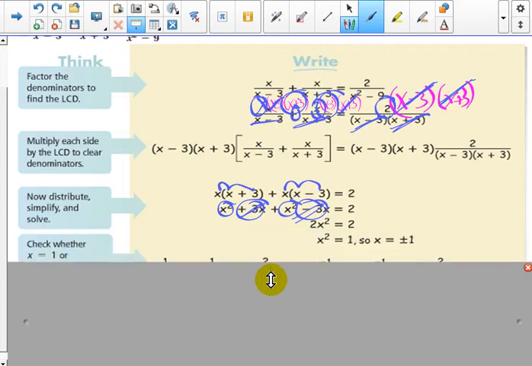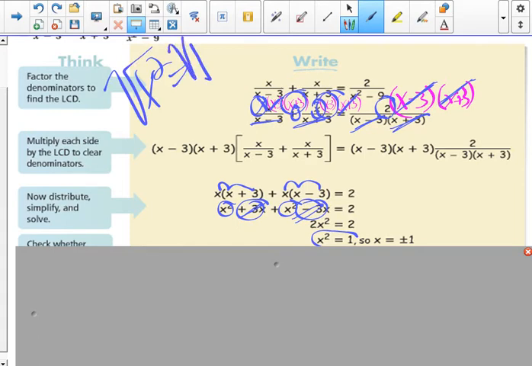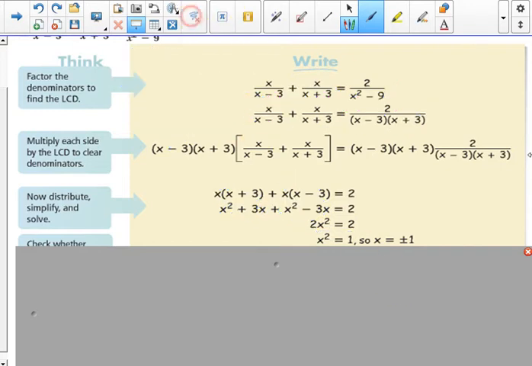So now get rid of your 2, divide each side by 2, and you get x squared equals 1. You take the square root of each side, and you get x equals positive or negative 1. So that's our answer, positive or negative 1.